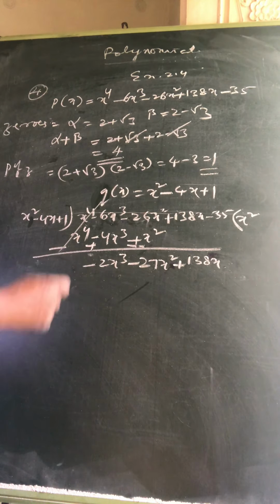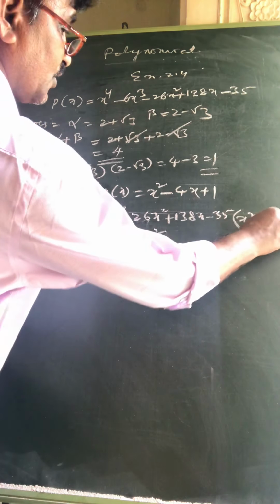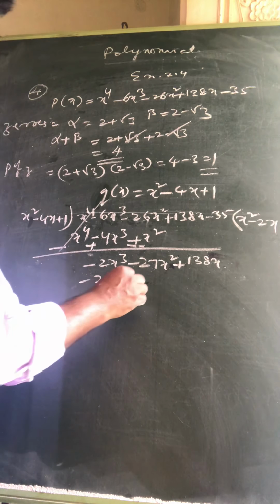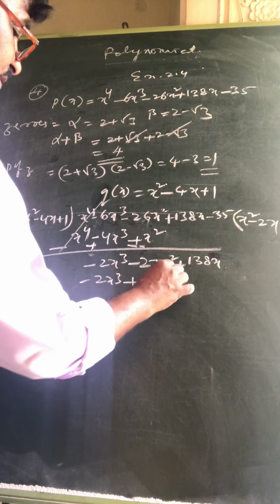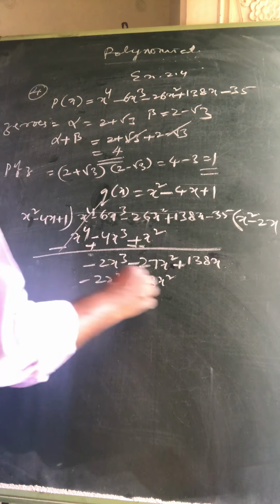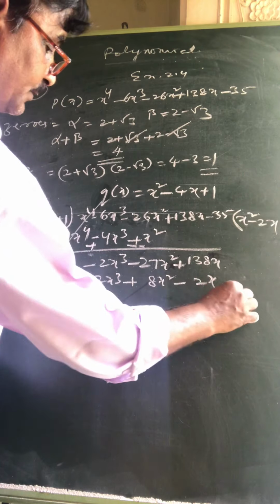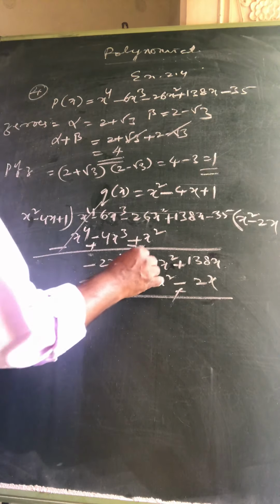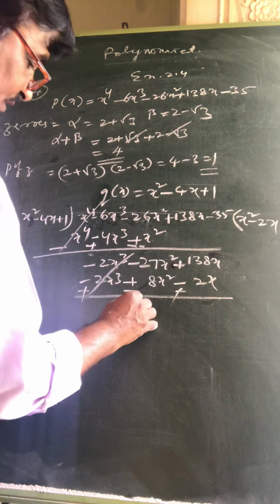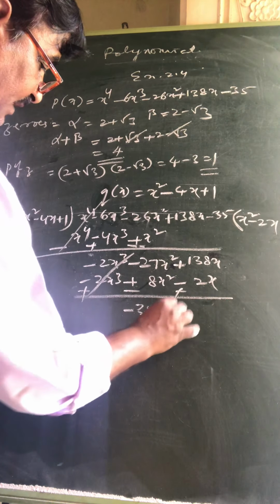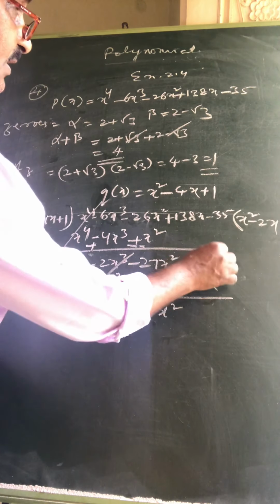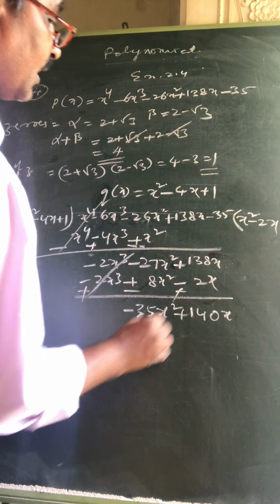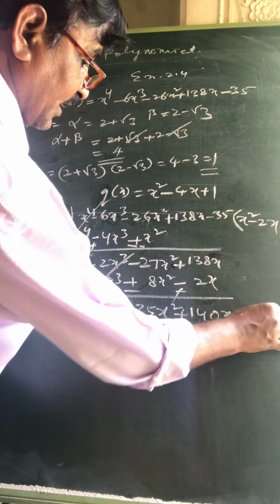How many times will it go now? Minus 2x: minus 2x into x square is minus 2x cube, minus 2x into minus 4x is plus 8x square, minus 2x into 1 is minus 2x. Subtracting, the terms cancel, and we get minus 27x square minus 8x square, which is minus 35x square, plus 138x plus 2x, which is 140x. Bring down minus 35.